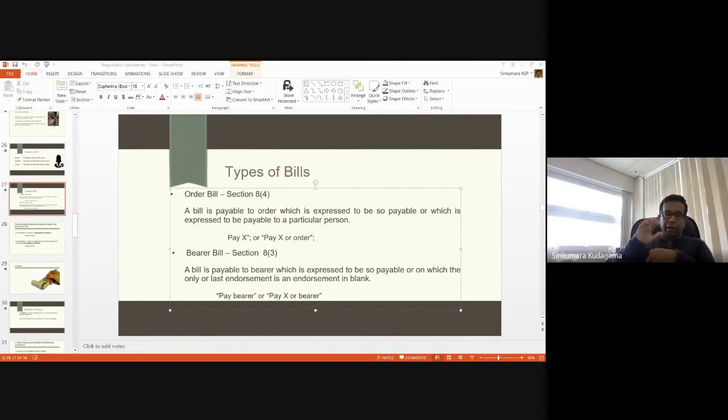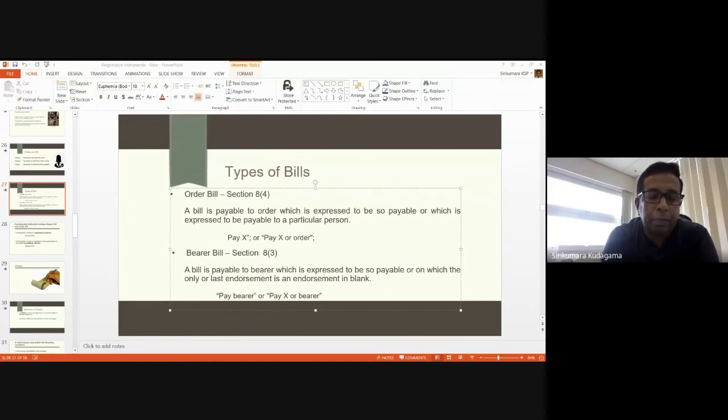Now, if the bill contains the words "or order", it would necessarily mean that this particular bill is an order bill. Or if the bill states the name of a particular person, in this example X, what it means is that again the bill is payable to order.